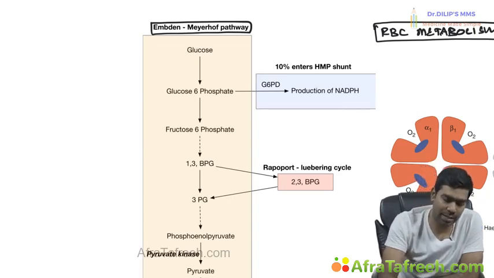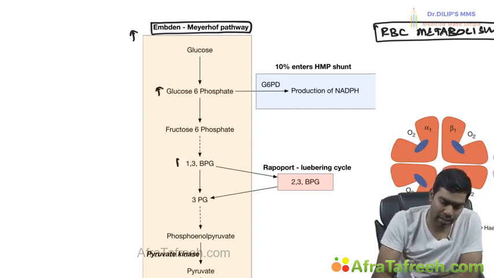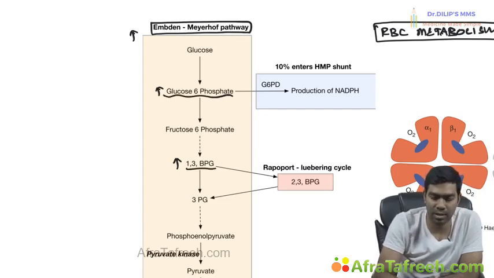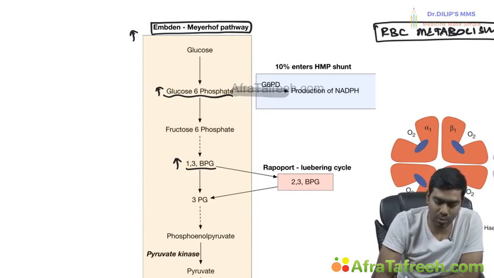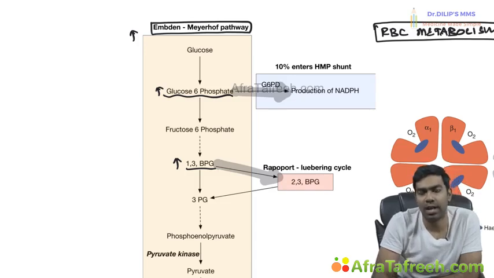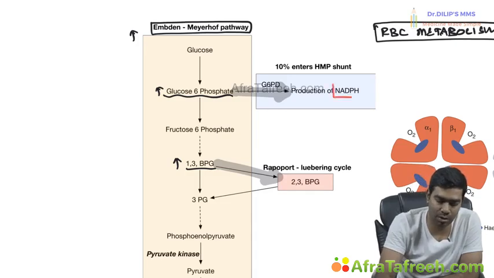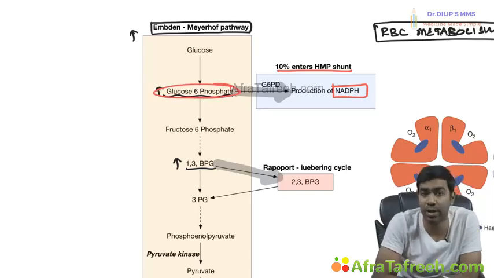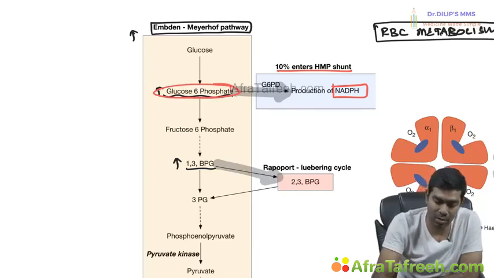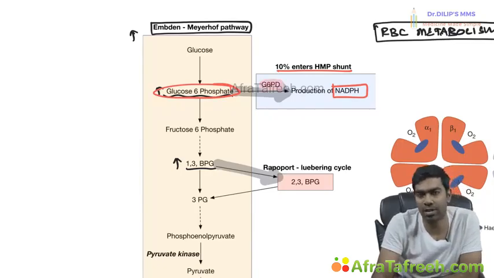That is because accelerating glycolysis within the RBC increases the glycolytic intermediates, especially glucose 6-phosphate and 1,3-BPG, which are then shunted to produce many other quintessential compounds within the RBC. Production of NADPH through the HMP shunt comes from glucose 6-phosphate, a glycolytic intermediate, through the glucose 6-phosphate dehydrogenase enzyme.